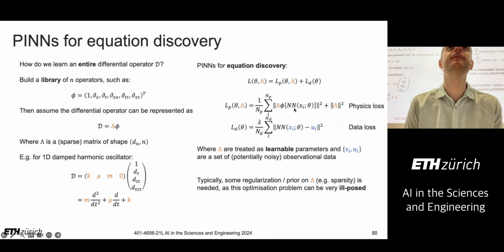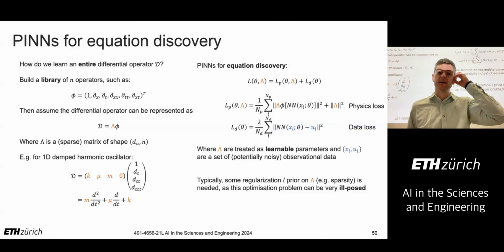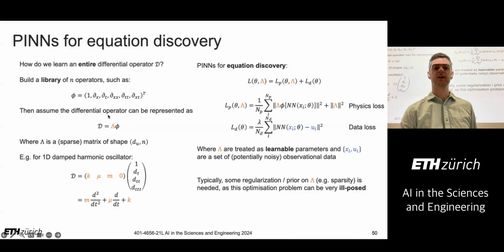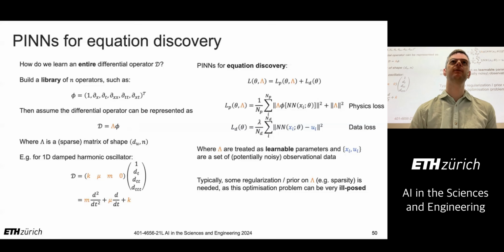Does this need assuming some linear combination? Yeah. So we are assuming a linear combination if we use this matrix times operators vector, but you don't have to assume that. If you knew that there were nonlinear terms, you could include nonlinear terms inside this library.